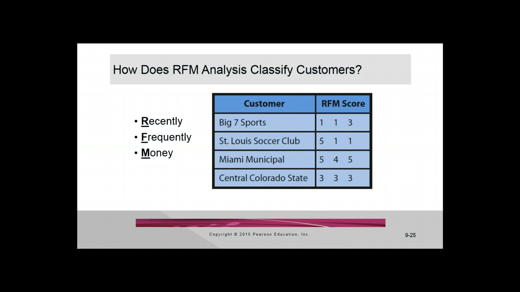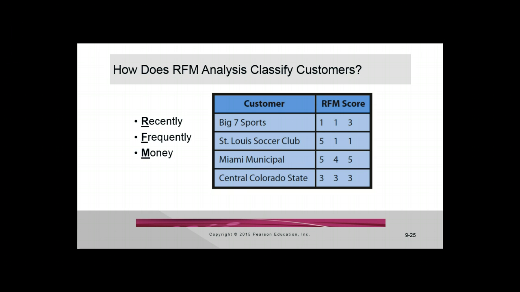F means frequency. Frequency means how often do they buy from us. If they only bought one time, they're going to be a 5. But if they buy from us every day or a couple times a day, maybe they're a 1. And in between, there's shades of gray, 2s, 3s, and 4s. And the last one is how much. Not necessarily how many products, but how much money do they spend with us.